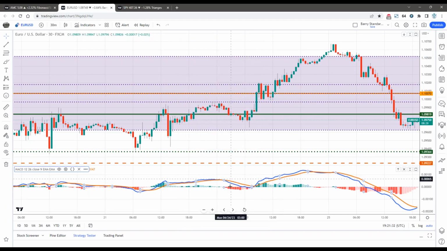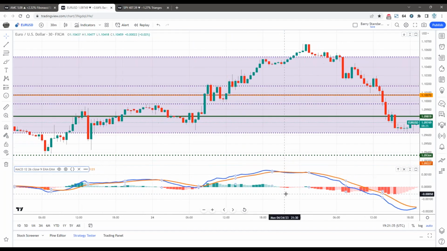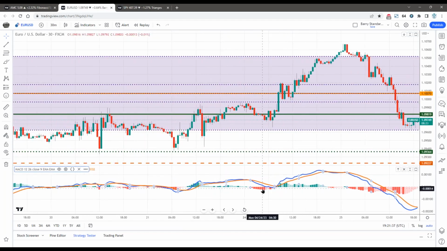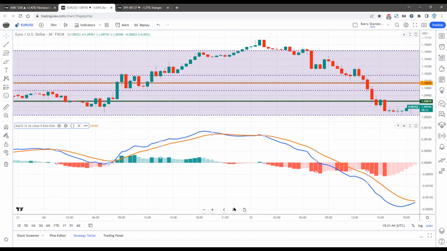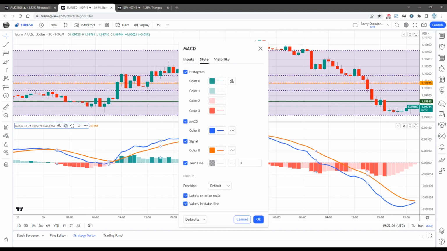Now, this histogram down below here is nothing but a visual representation of the values of these two lines that we've drawn on the chart. Now, I don't use these lines for anything. I simply use my histogram because I could see everything and anything I need to see within that histogram a lot easier with less things on my screen.